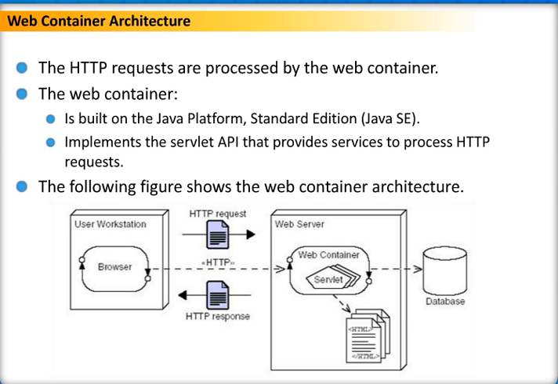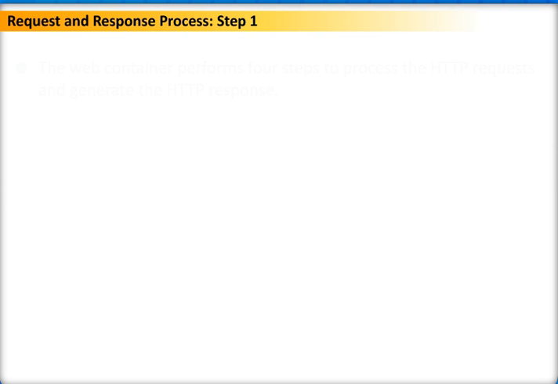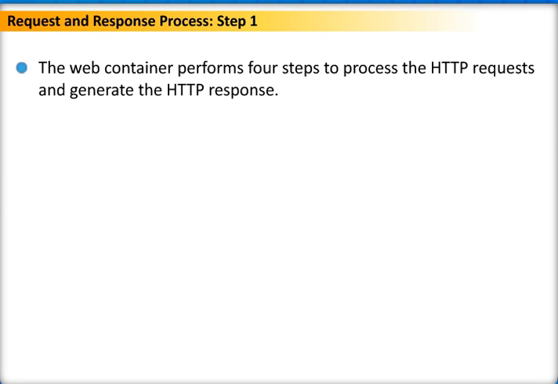As shown on the screen, the web container on the web server receives the request and activates the servlet that matches the requested URL by calling the service method on an instance of the servlet class. To process the HTTP requests and to generate the HTTP response, the web container performs 4 steps.